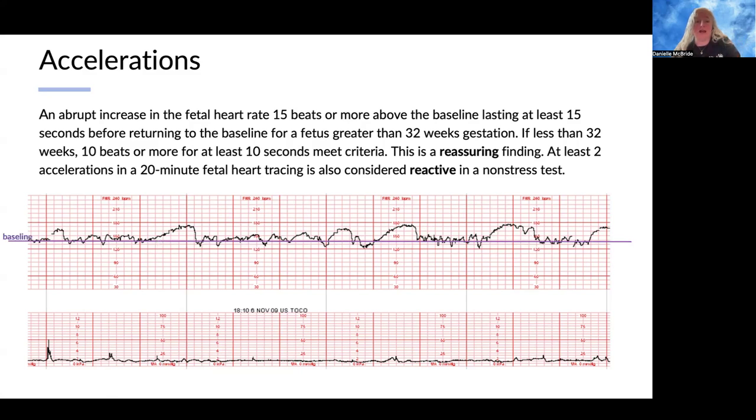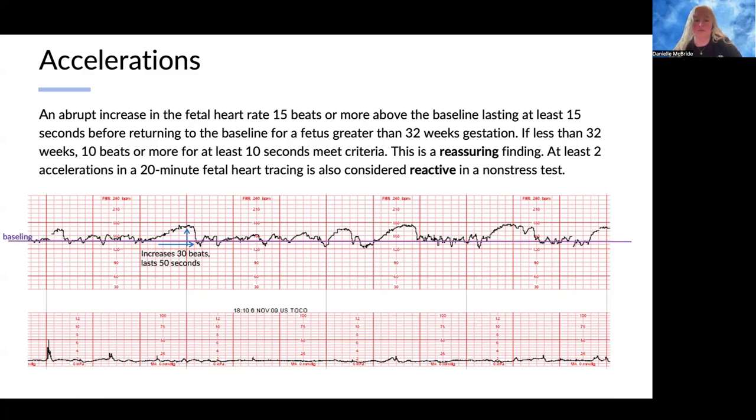So if we have an increase here from the baseline, 10, 20, 30 beats, and then it's lasting from the baseline 10, 20, 30, 40, 50 seconds, that's more than 15 beats of an increase, and it's more than 15 seconds. So this is an acceleration.